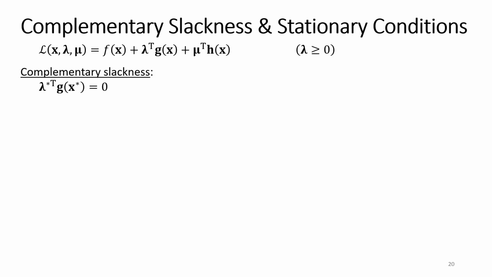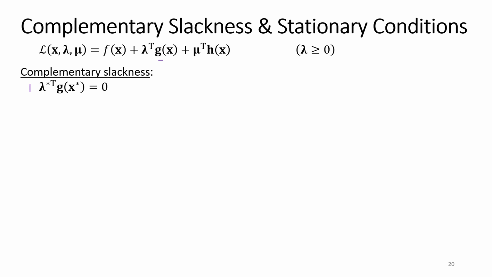Complementary slackness and stationarity conditions. The complementary slackness conditions are like this: lambda star transpose g of x star equals 0. Remember that there are complementary slackness conditions only corresponding to the inequality constraints.